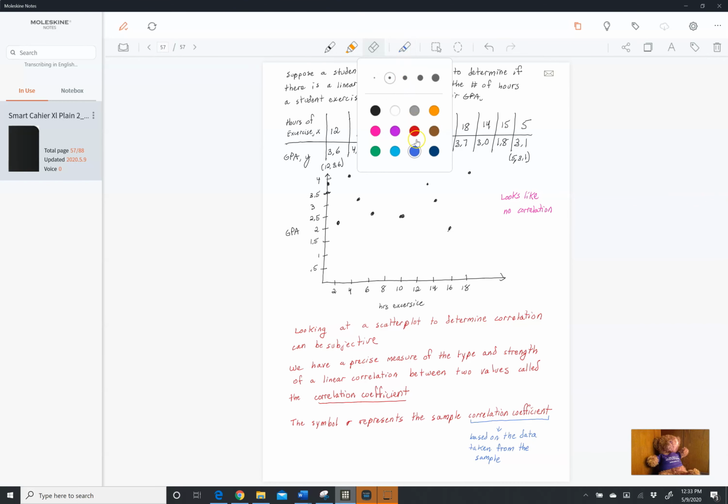Now we have the population correlation coefficient.